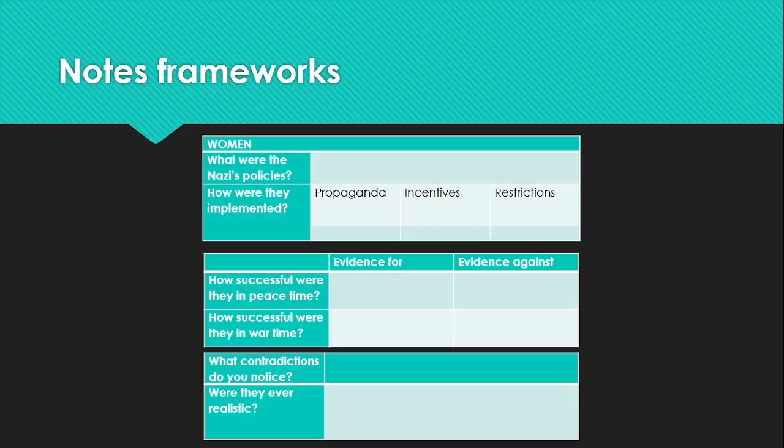Did the propaganda match the reality? If not, resentment would be more likely. And for Nazi Germany, the difference war made to the lives of Germans, including women, was profound. So it's well worth identifying that in your notes.